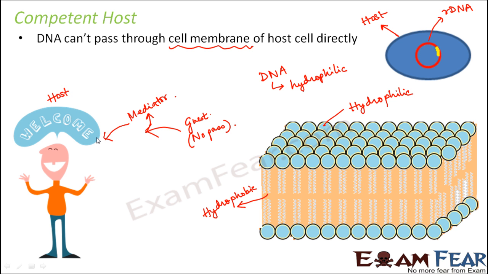Right? The same concept applies here. In this case, who is the guest? The guest is recombinant DNA. Now recombinant DNA doesn't have a pass because it is hydrophilic in nature, and due to the hydrophilic and hydrophobic structure of the cell membrane, it directly cannot pass through the cell membrane. So it doesn't have a pass.